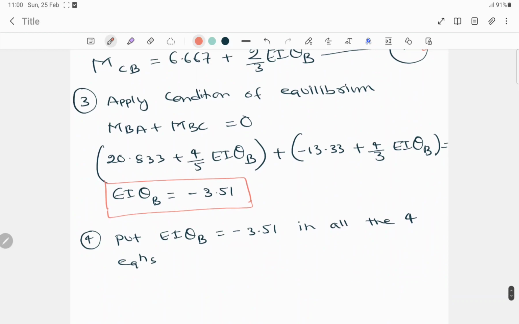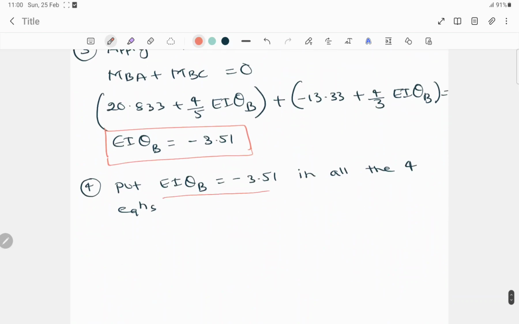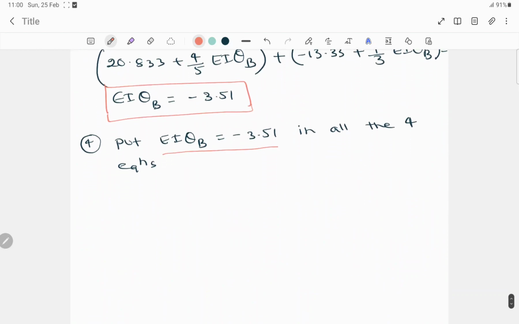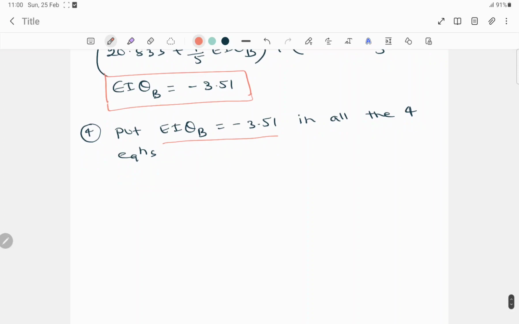So we have to put this value in all the 4 equations. So now MAB is equal to minus 20.833 plus 2 by 3. So the value of EI is minus 3.51.